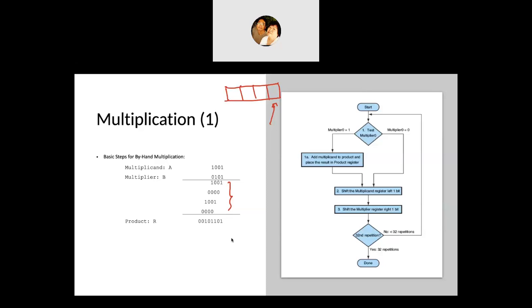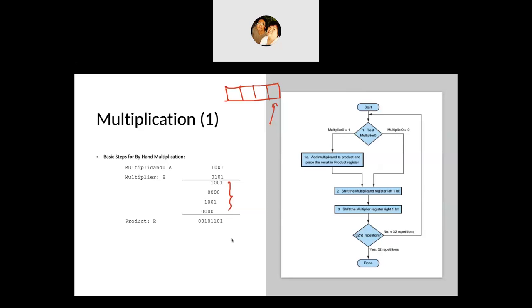The rightmost bit. We test whether it's 1 or 0. If it is 0, we just skip the first step. We can go to the second step. But if it is 1, in step 1a, we add the multiplicand to the product, or the result.